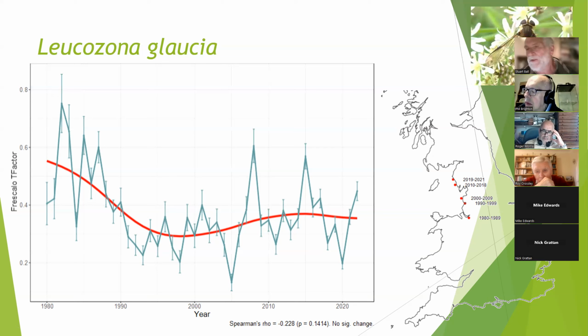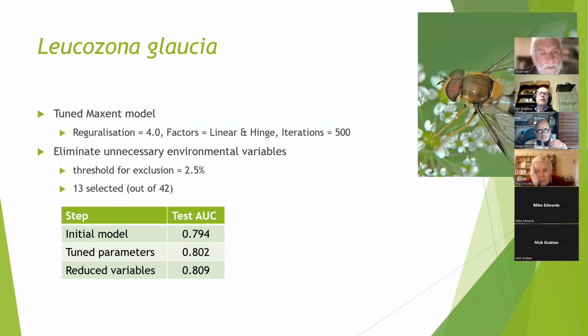The distribution of this species seems to be moving northwestwards, whilst the overall frequency has not shown much sign of doing much. It's varied about a bit, but it's fairly flat. So it would be nice to investigate this species and see what the species distribution model will tell us.